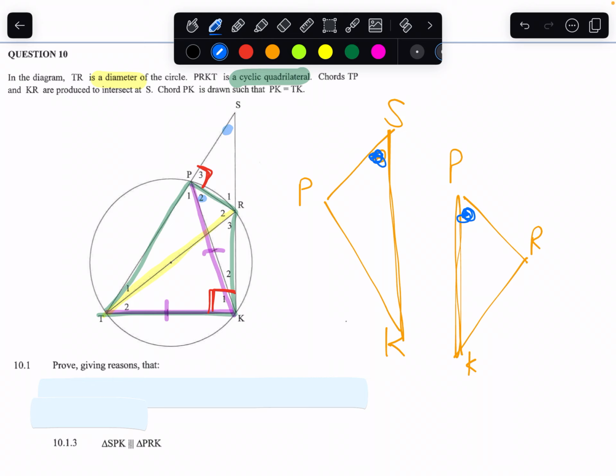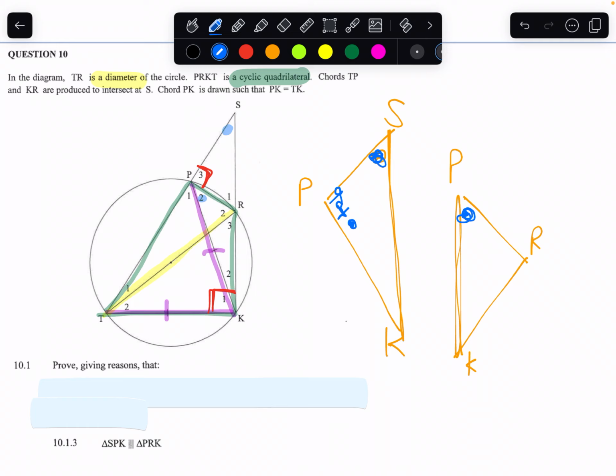And we can see that SPK is equal to 90 plus whatever that angle is. Do we know anything about R? I don't think we know something yet, or maybe we did find something out previously.